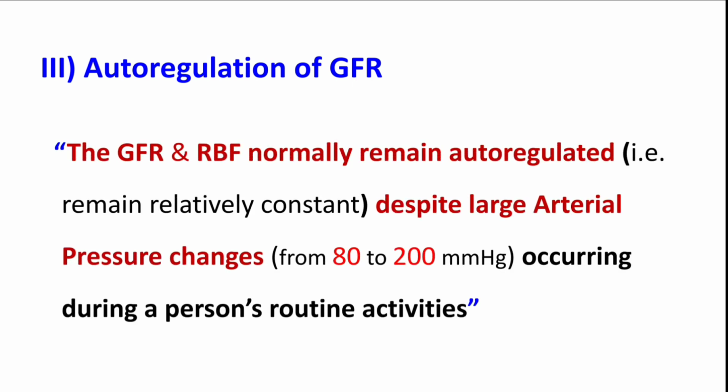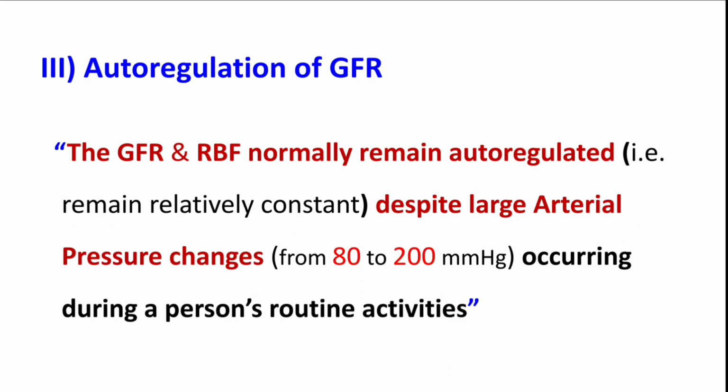Now, autoregulation means that GFR will remain constant despite the changes in the arterial blood pressure. You know that there are various changes occurring in a person's arterial blood pressure during routine activities, like when we are sitting or standing or lying. So our arterial blood pressure changes during these postural changes or during other activities like exercise.